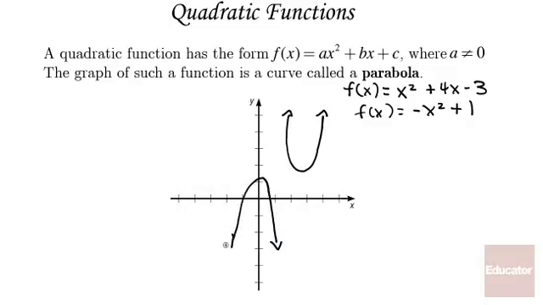And you'll see varying shapes such as wider parabolas or narrower parabolas. As we get deeper into this topic, you'll be able to tell just from looking at the quadratic function roughly what the shape is going to be and which direction it's going to curve in.